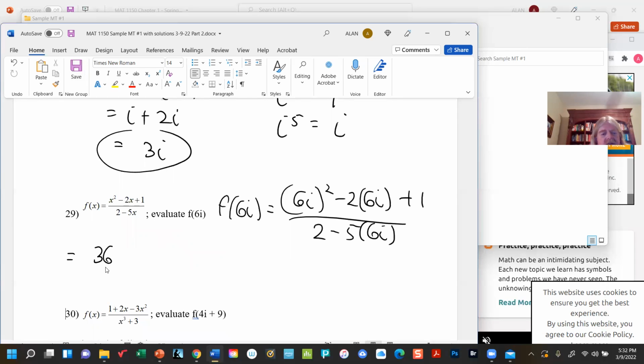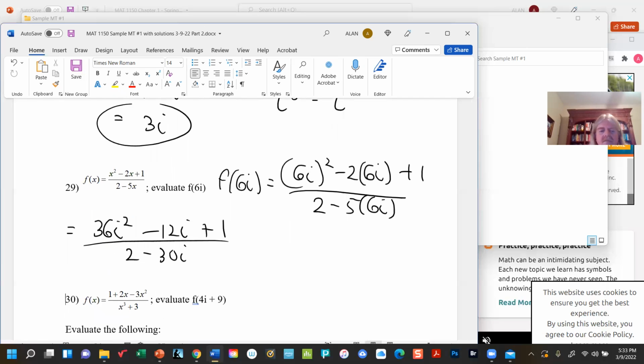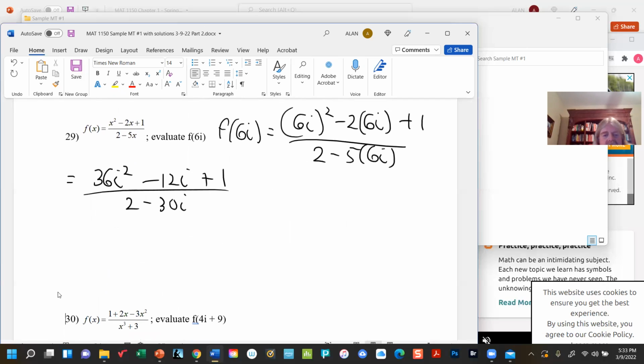So here we have 36i squared minus 12i plus 1. Down here we have 2 minus 30i. Now, let's not forget that i squared is -1. So that should simplify it a little.